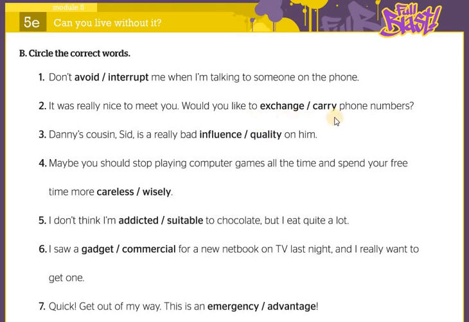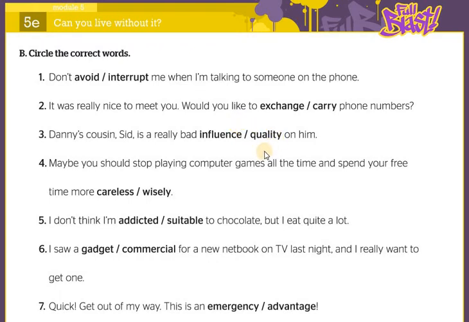Exchange, carry. It's like to take something, to grab something, to carry something. Influence, it's closely like impact, to influence something, to have an effect or an impact on something.